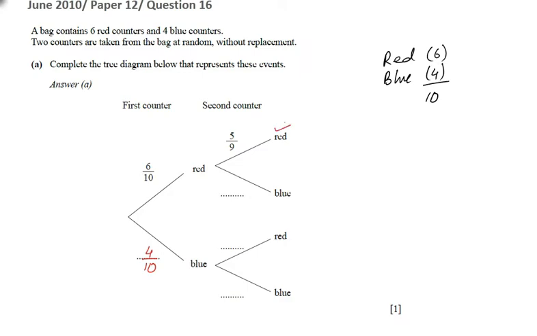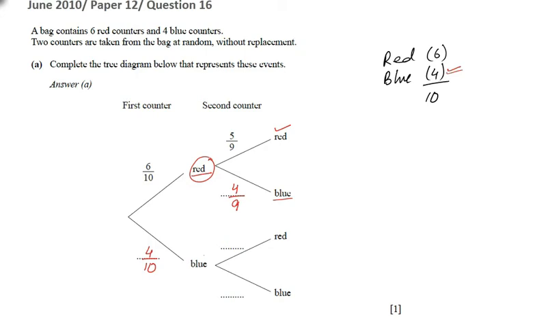But if the first counter is red and the second counter is blue, up till now we have not taken any blue counter because the first counter is red. So as we have not taken any blue counter, all 4 blue counters are there in the bag. So when we take a blue counter, it will be 4. But as we have already taken one red counter from the bag, the total will reduce by 1.